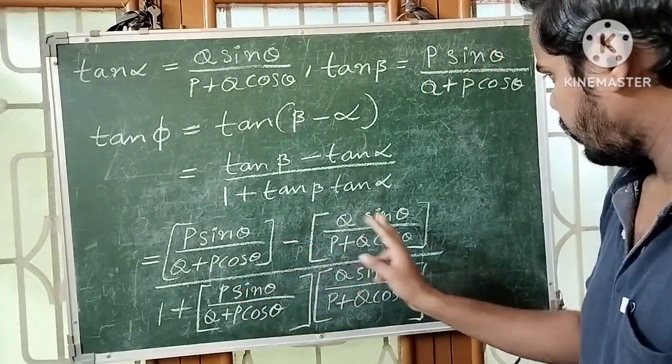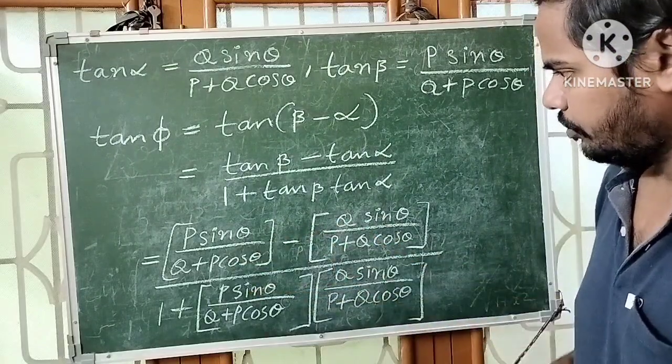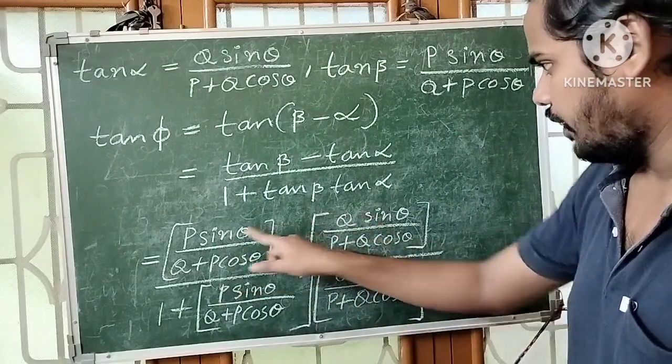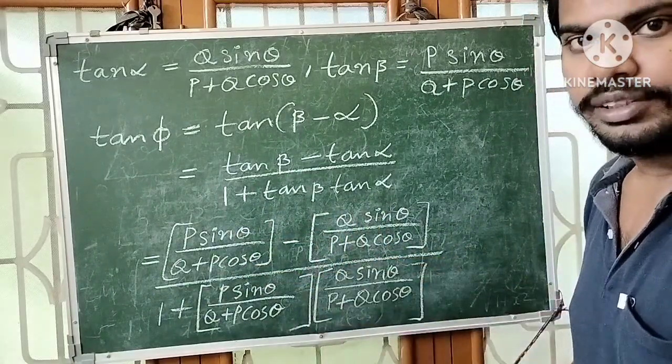So just observe what is the common factor among these two terms. Here the common factor is sin theta. Take out sin theta as a common factor and write the remaining expression.